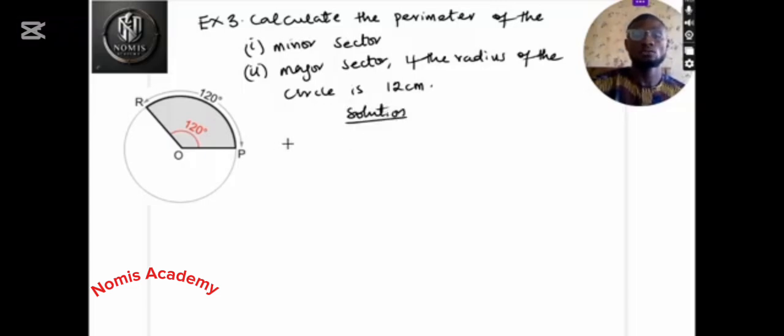So I have told you the first thing you do is you state the formula. Perimeter of sector is the length of the radii plus the part of the circle occupied by the sector. So that is theta all over 360.